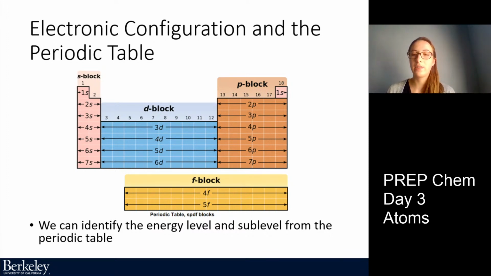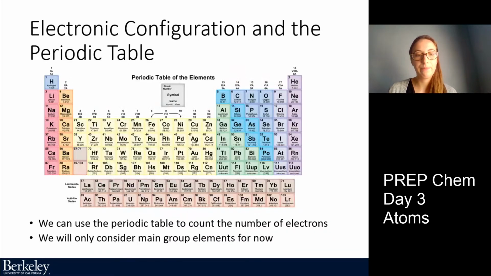In this class, we're only really thinking about the S and P blocks, because as we move to D and F, things can get a bit complicated and we just want to introduce some of the basic concepts here. But just from looking at the periodic table, you should be able to identify what energy levels you are, and we'll go through an example in a second.